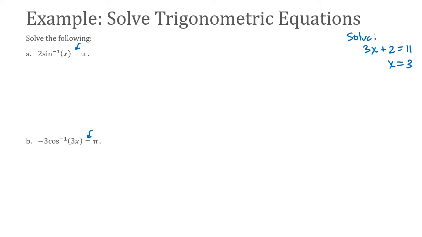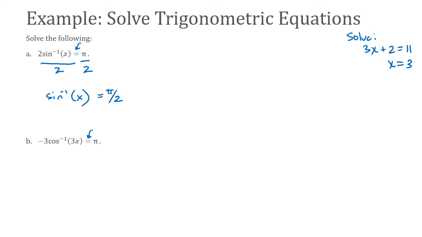Okay, same idea here. To solve for part A, it says 2 times inverse sine of x is equal to pi. So the first thing that I'm going to do is divide both sides by 2. And that gets me inverse sine of x is equal to pi over 2.